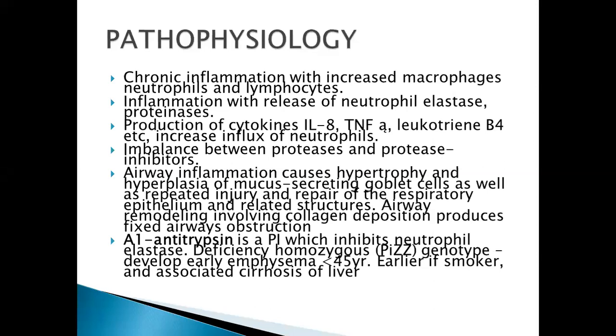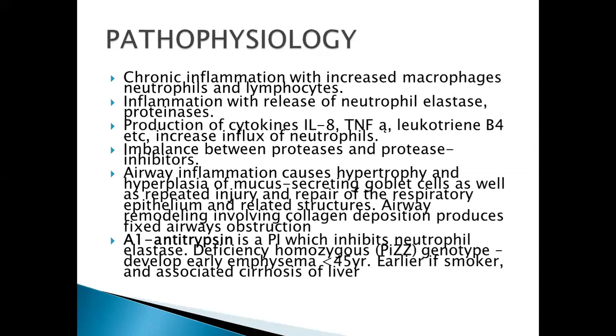So what it means is that these two mechanisms of inflammation end up secreting chemotactic factors, such as interleukin 8 and tumor necrosis factor alpha and others, which are responsible for attracting inflammatory cells such as the neutrophils to the site of injury as a result of the chronic exposure to the nicotine from smoking.